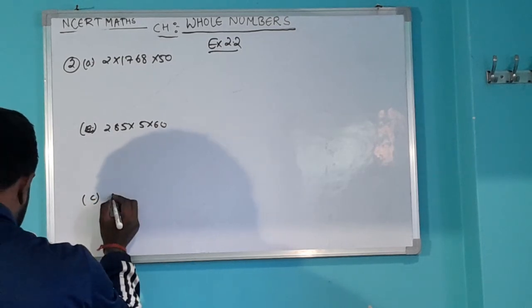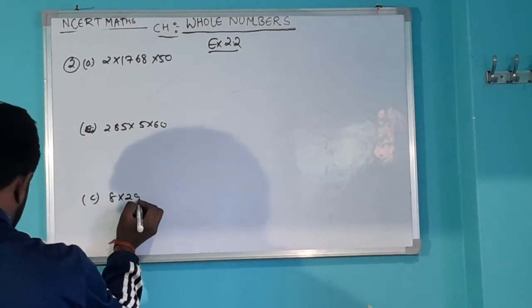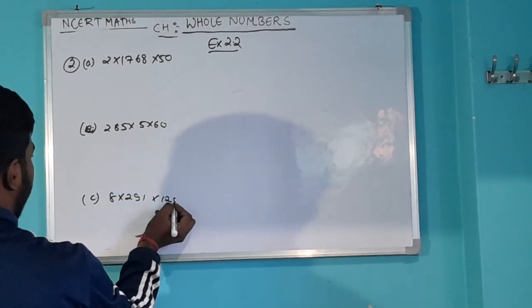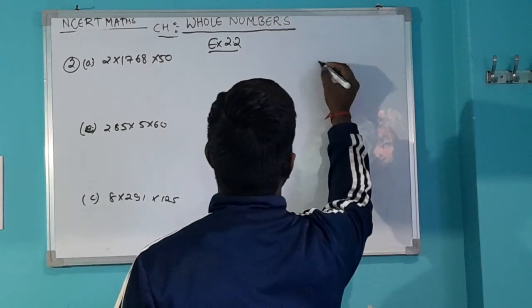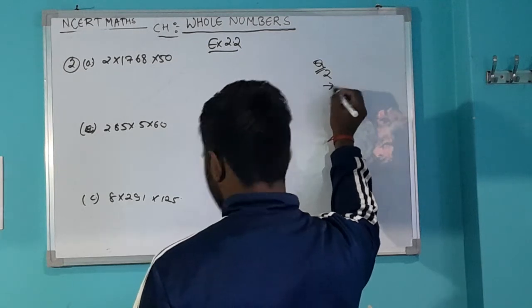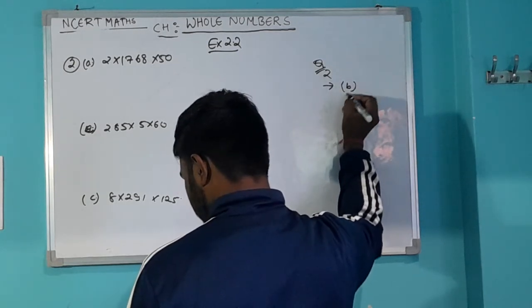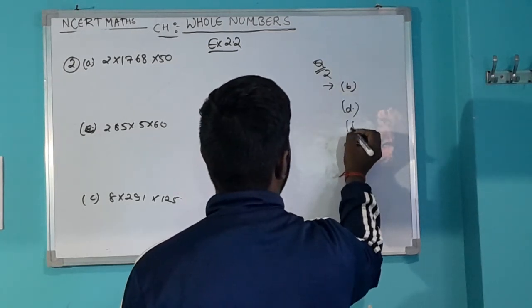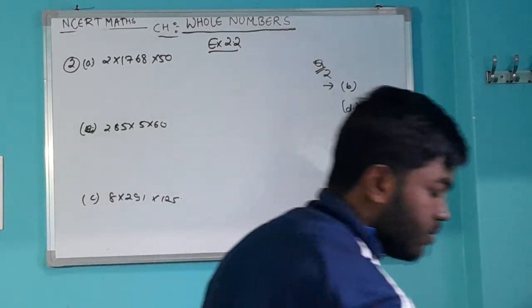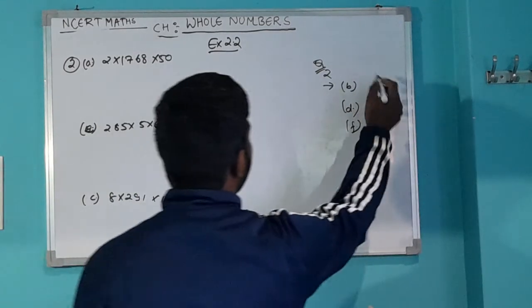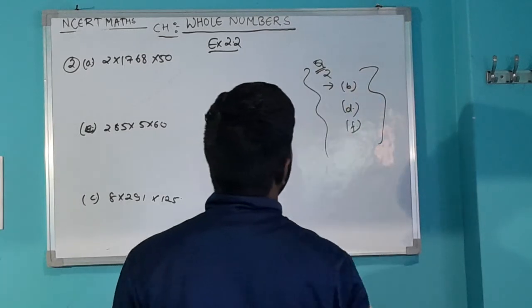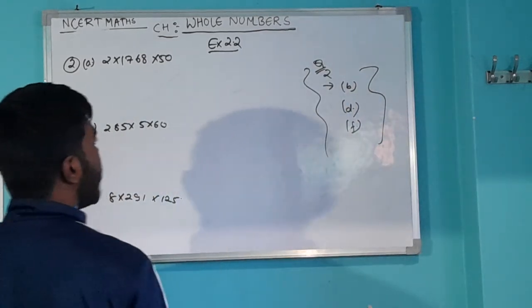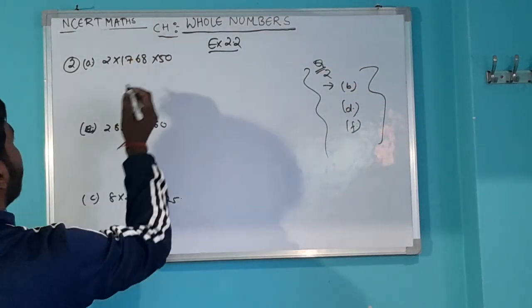This is C part, 8 into 291 into 125. In question 2, you have homework of B part, D part, E part and F part. Do it yourself and try. If you face a problem, please ask in my comment section. I will try to resolve problems related to this.